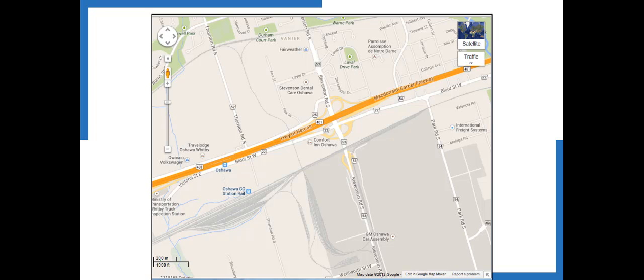The simplest way I can explain it is that if you look at the 401, the 401 is the spinal cord, right? Very fast, assuming there's no traffic jam or congestion. It goes both ways. And then you've got on and off ramps, right?